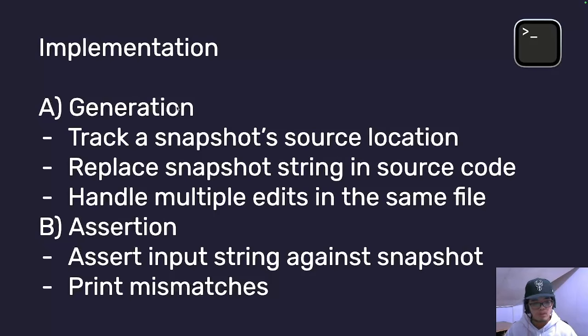simple. There's two parts to it: generation of the snapshot and asserting that the snapshot is correct. So you track a snapshot source location, then you replace the snapshot string in the source code. So technically this is basically meta programming, but the lightest version of meta programming. And then you also need to handle multiple edits in the same file.